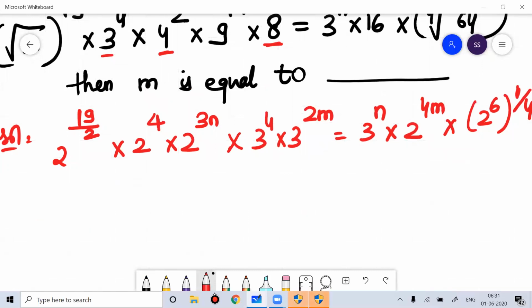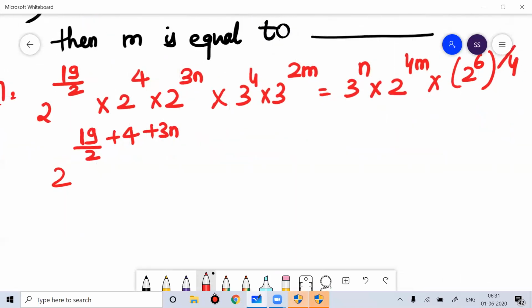Okay, so can I bring all 2 together? 2 to the power 19 by 2 plus 4 plus 3n, divided by 2 to the power 4m plus 3 by 2.